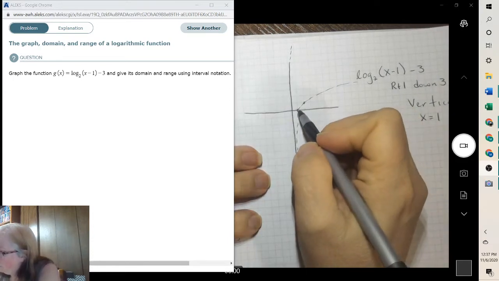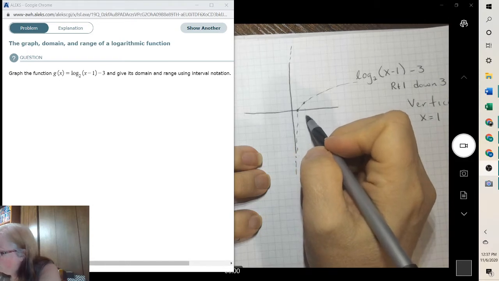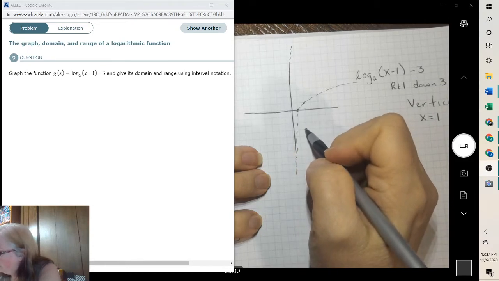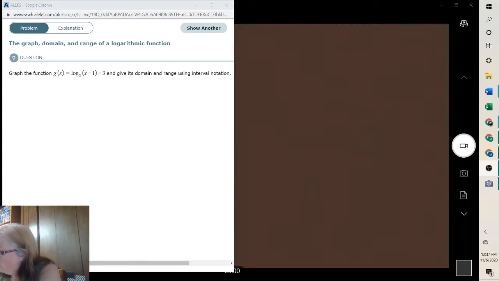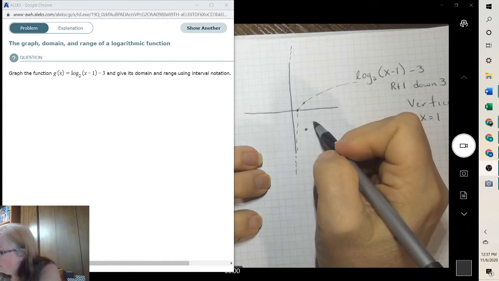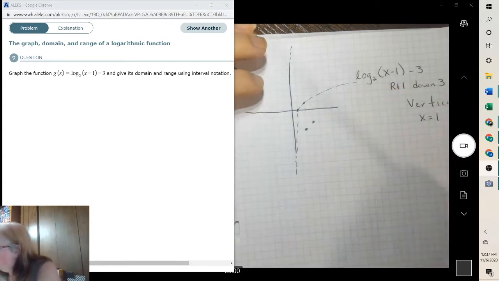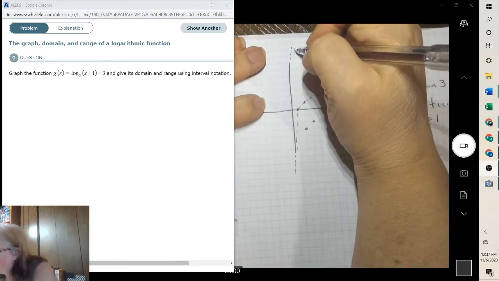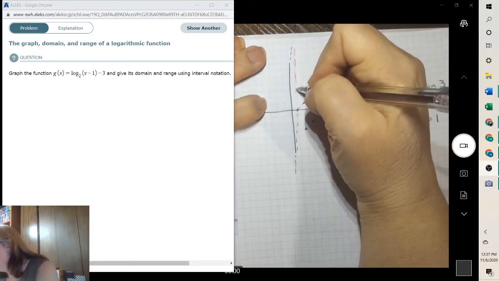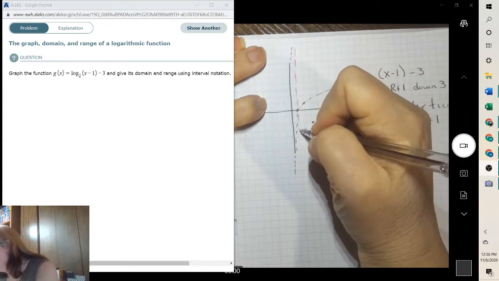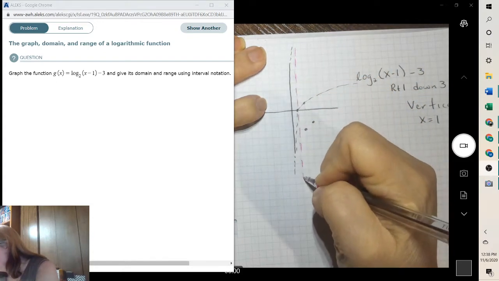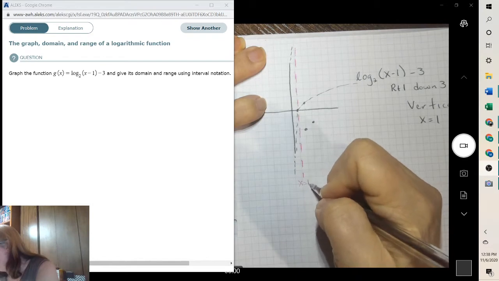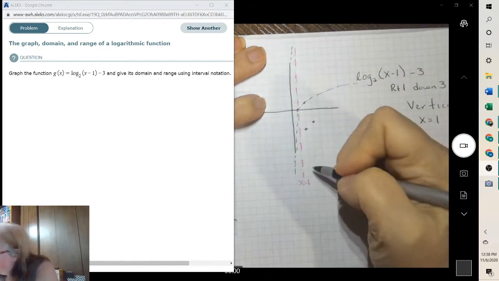So this point is going to move right 1 and down 1, 2, 3, and it's going to be here. And this is going to move right 1 and down 1, 2, 3, and it's here. And then my asymptote is moving over 1, so it is here at x equals 1. And then here's my graph.